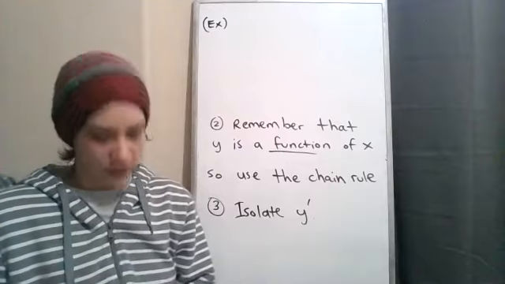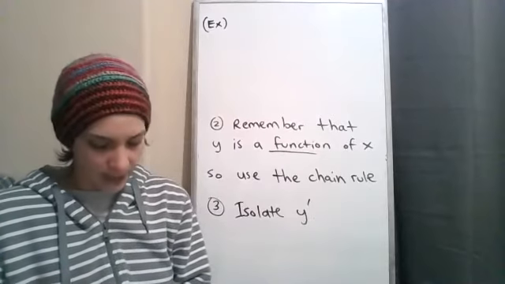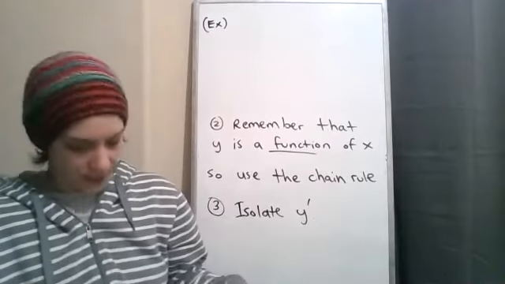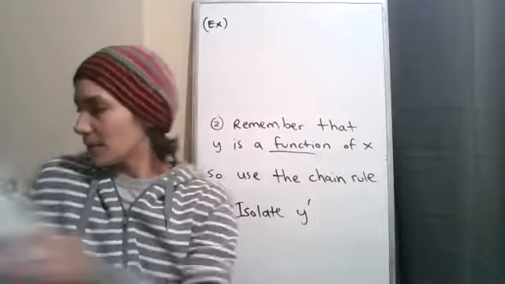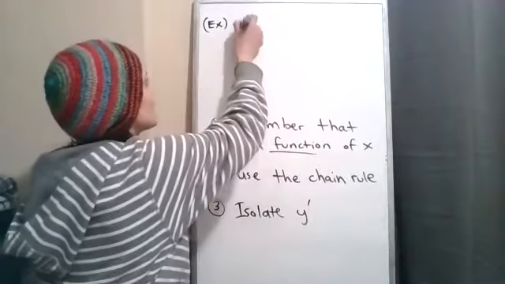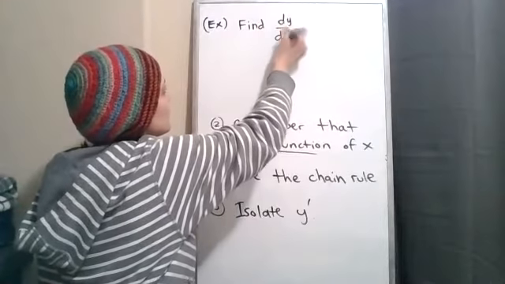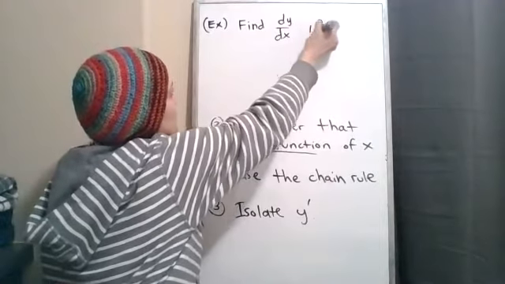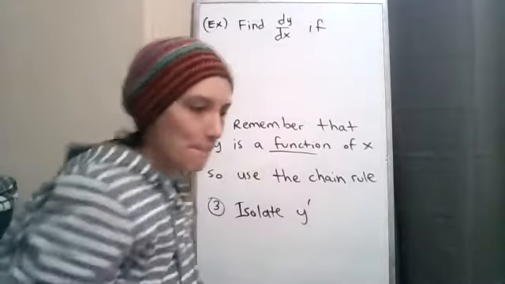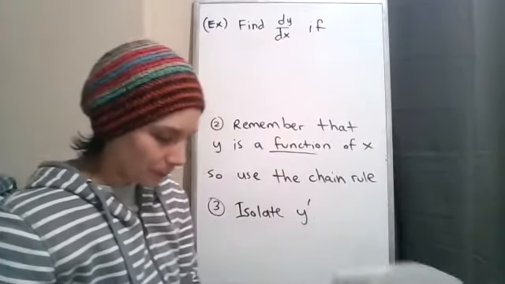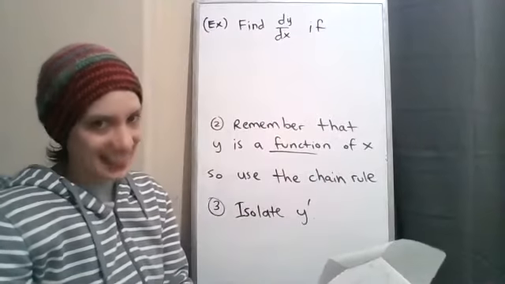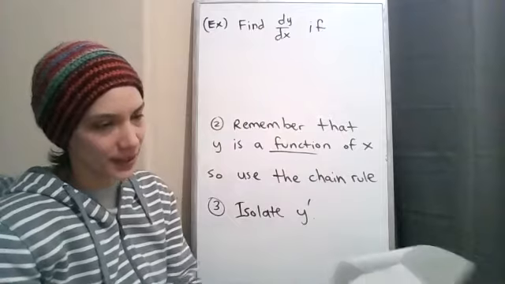So that's how we want to introduce it. Just say find dy dx if x squared plus y squared is equal to 4.